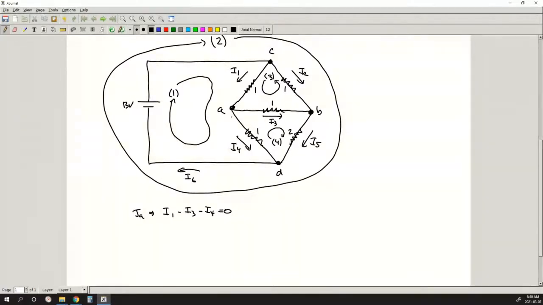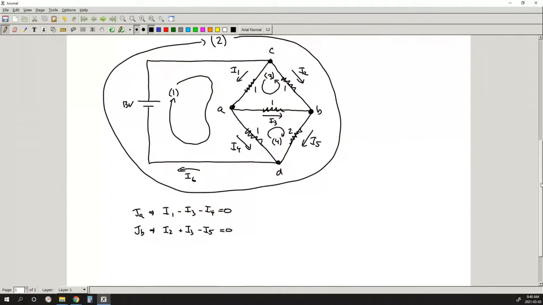Let's take a look at junction B. In junction B, we have current 2 and current 3 coming in, and current 5 going out. So junction B tells us that we have I2 plus I3. Those are both coming in, and we have I5 going out.